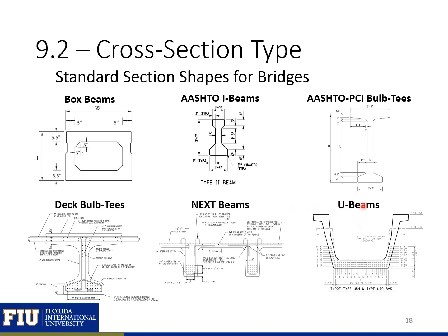A slab is cast on top of these U-beams, which allows for a void in the center, and they are used for longer spans. So here, this one is in Texas. And also these U-beams can be curved. Florida and Colorado and some other states are looking at or have constructed bridges with curved U-beams.